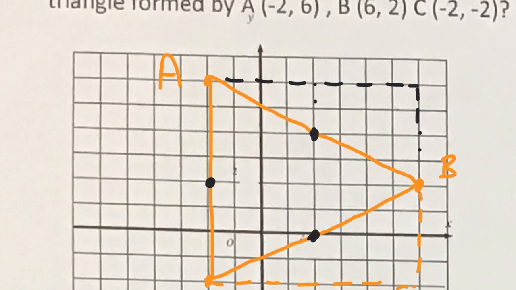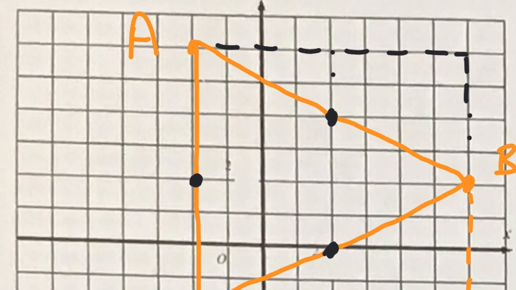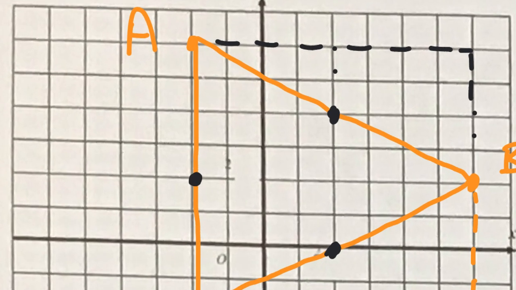So let's look at some of our slopes. Let's look at AC. What is the slope of line AC? Yeah, I know this is really difficult. You haven't done algebra for decades, it seems like, and you're only a decade and a half old. Well, this is a vertical line, so a vertical line has a slope that is undefined. So what is perpendicular to a vertical line?